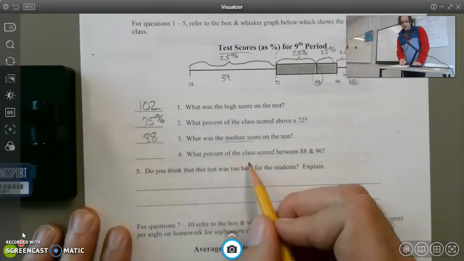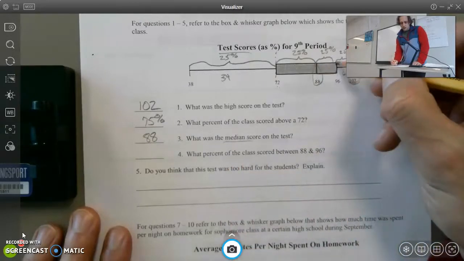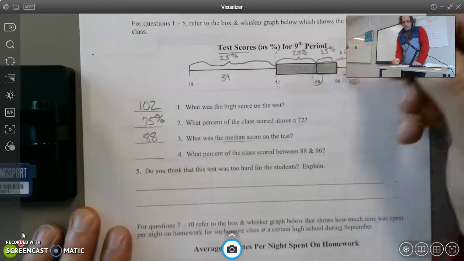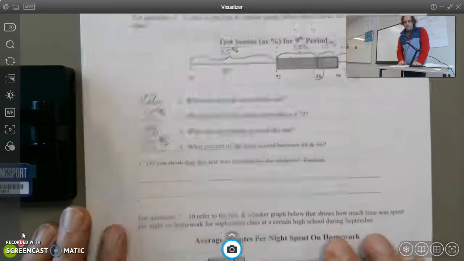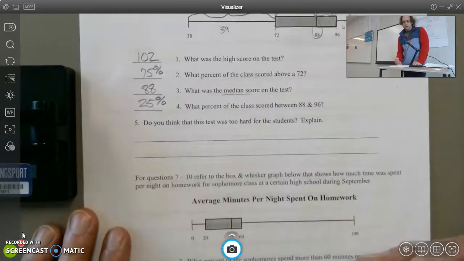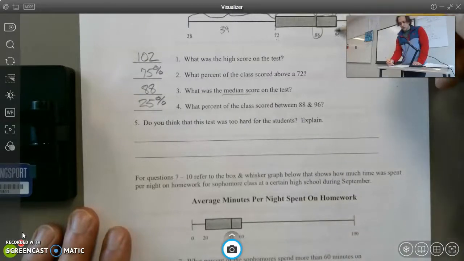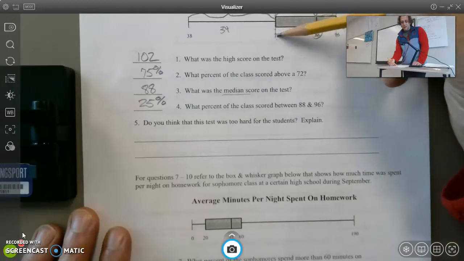What percent of the class scored between 88 and 96? Well, that is one of these boxes, one of these quartiles, 1/4, so that's 25%. Do you think the test was too hard for the students? If I look at this test, I can see that 25% scored 96 and up, 50%, 2/4, scored 88 or better, that's 50% making a B, and 75% scored 72 or up.